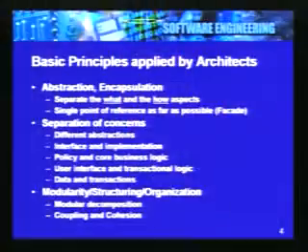Product can evolve. It could be due to versioning, or it could be due to specializations and so on. We are going to subsequently discuss different kinds of architectural patterns and so on. So some of these ideas will come again when we look at some specific examples or patterns of architecture. So what are the basic principles which are applied by architects?